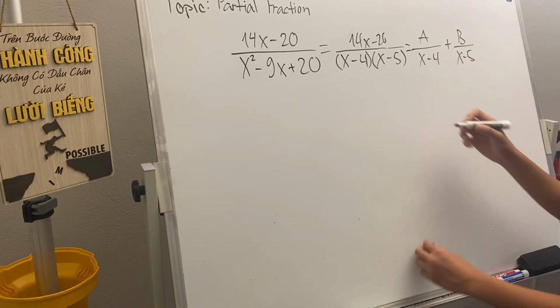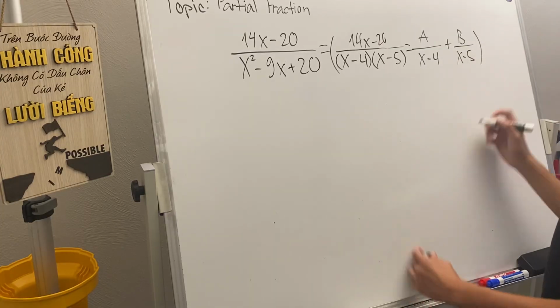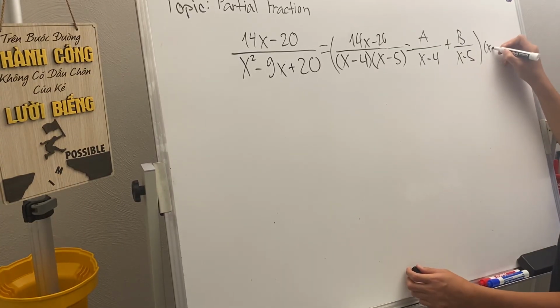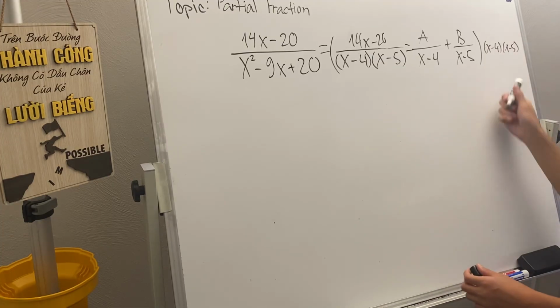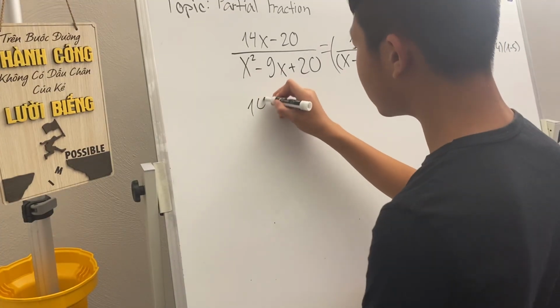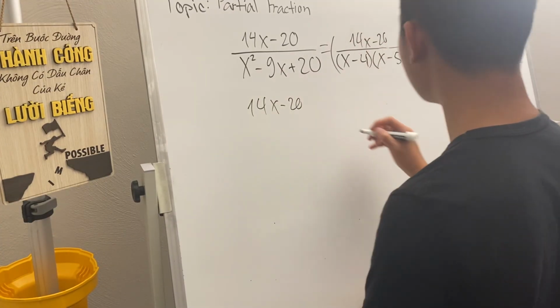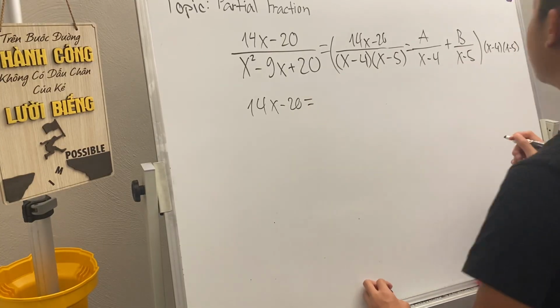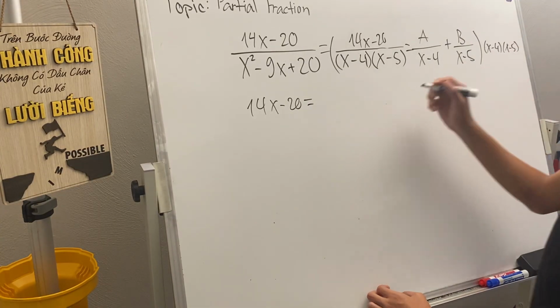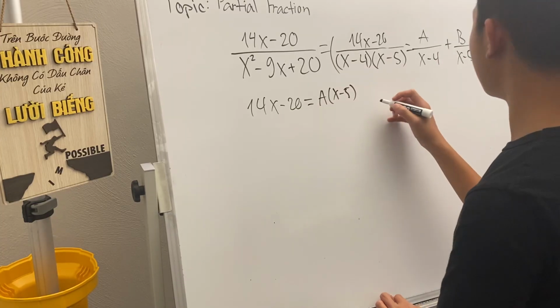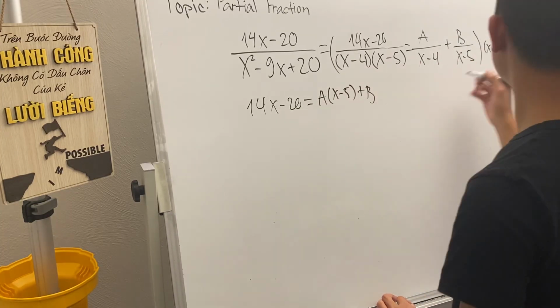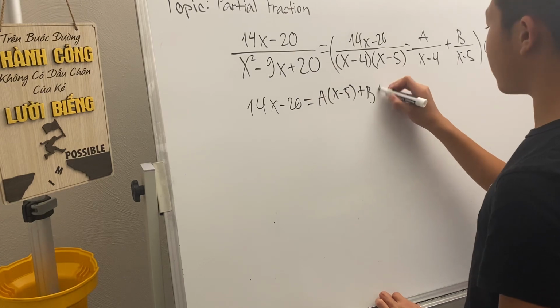Let's start like this. Multiply everything by the common denominator, which is this. This cancels, you get 14x - 20 equal to, this cancels, you get A times (x - 5), plus B times (x - 4).